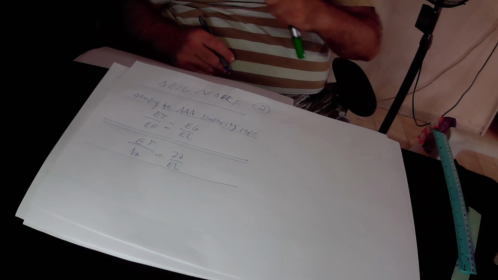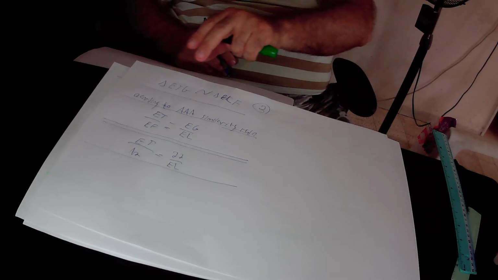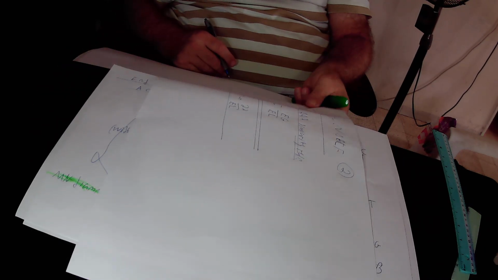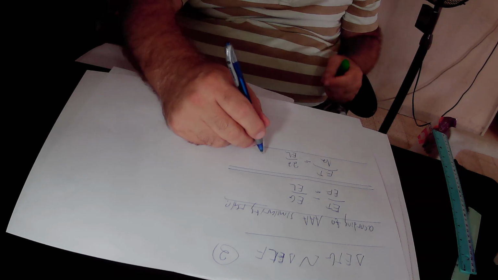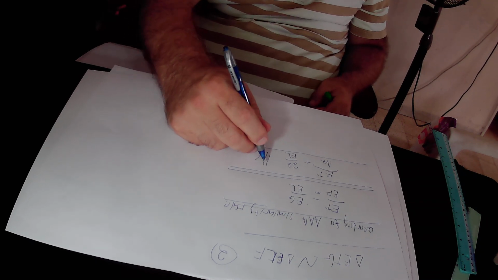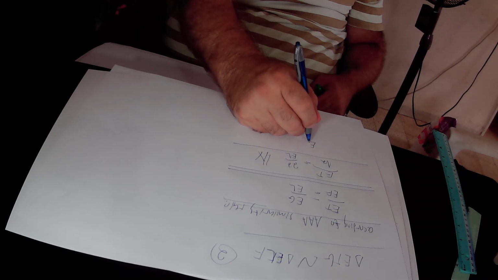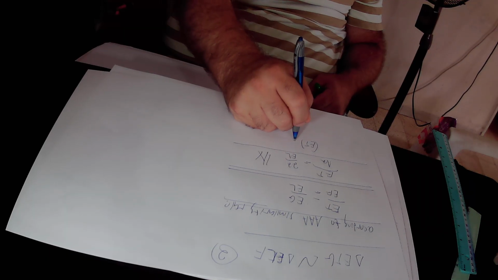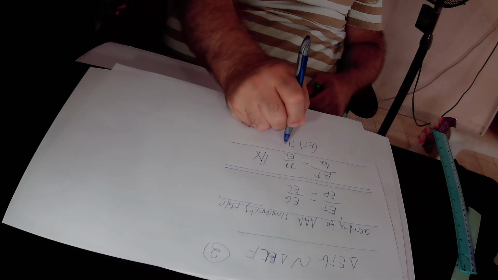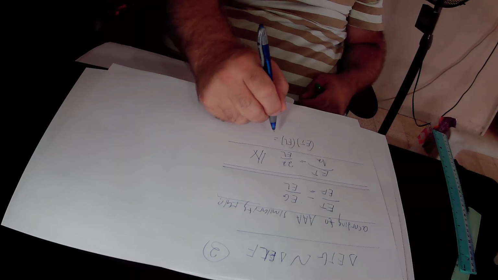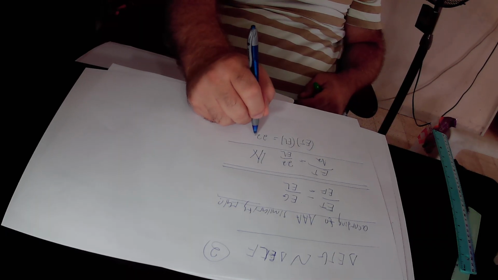So here we will cross multiply this equation and we get that ET times EL is equal to 22 times 12.